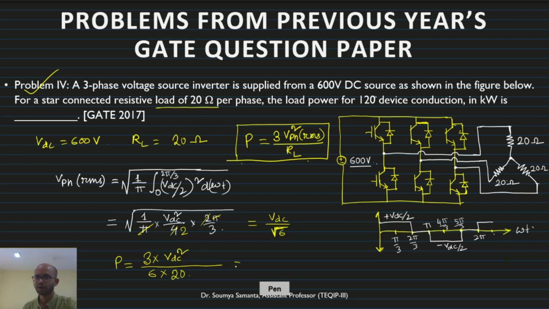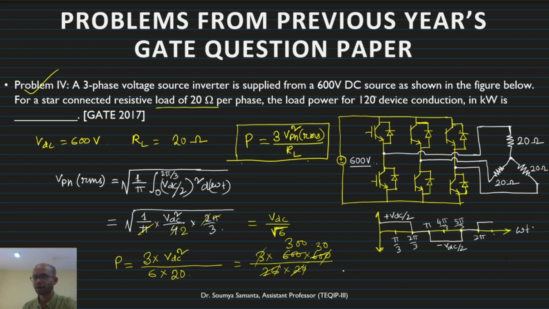Next step, let me put 3 into 600 square, so 600 into 600 by 6 into 20. 3 and 2 cancel out, 300, and then this cancels, this is 30.